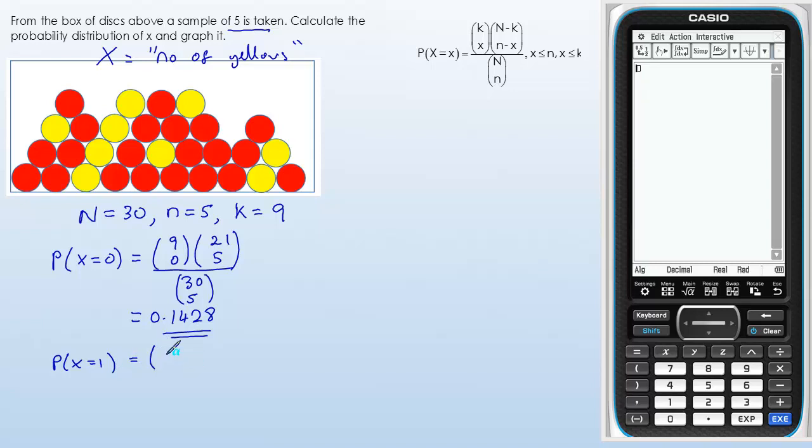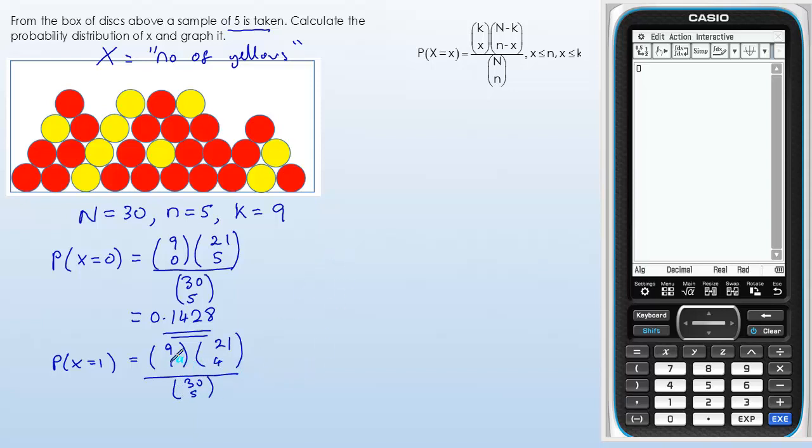Now x is 1, so that's going to be 9C1 multiplied by 21C4 all over 30 choose 5.